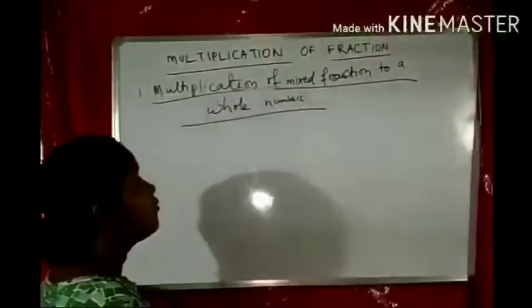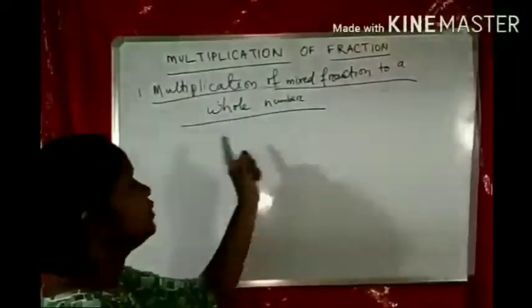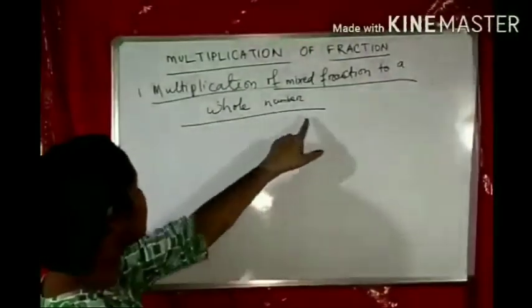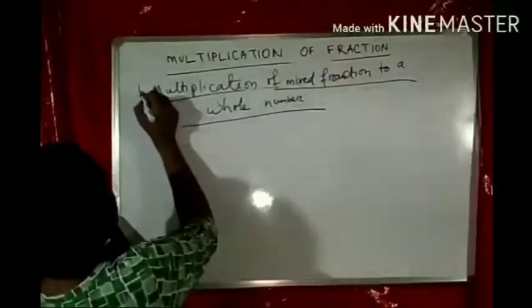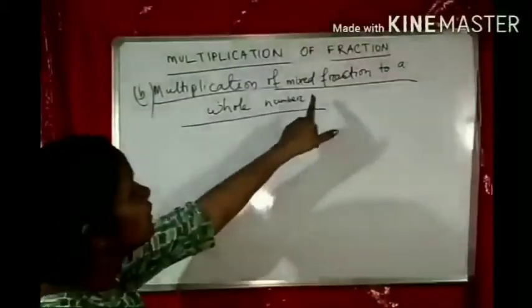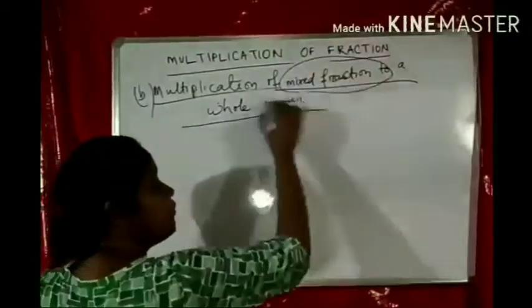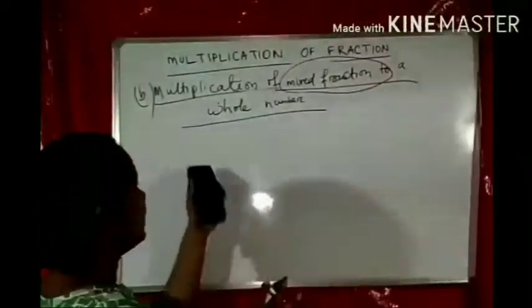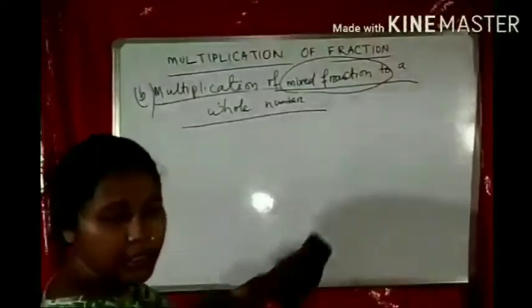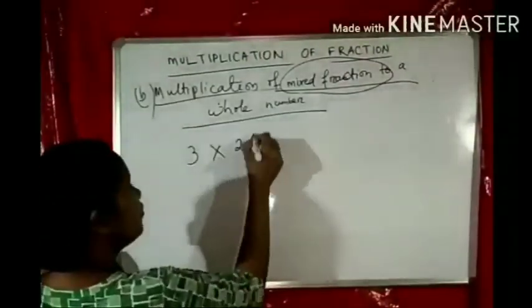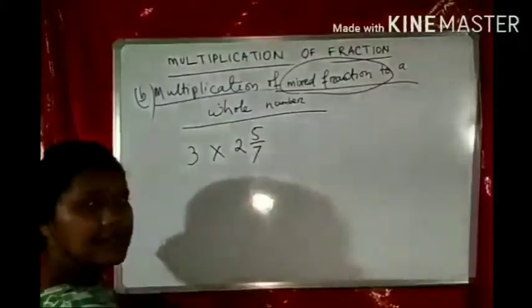Next we will see multiplication of a mixed fraction with a whole number. What you will do in this: first you convert this mixed fraction into an improper fraction, then you multiply with the whole number. Let's take the example 3 into 2 and 5 by 7.